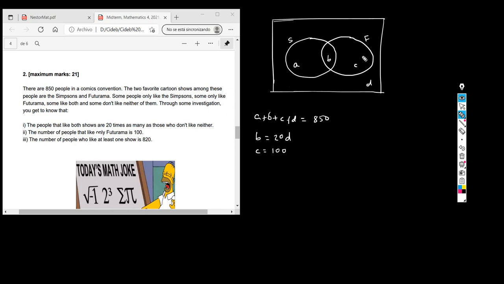It's the people that lay somewhere in any of the circles. So it's A plus B plus C. All of these people that live inside this area or this area or this area are the people that like at least one show. These ones only like one show, these ones only like one show, and these ones like both shows. So all of these three sections can be said to like at least one show.